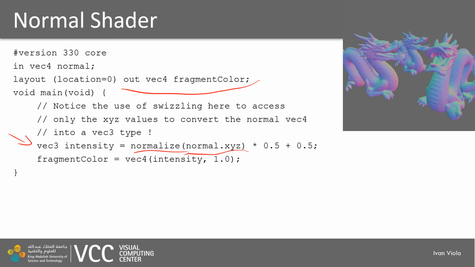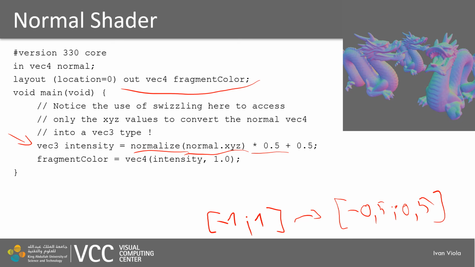So it is a unit vector, and we are multiplying it by 0.5. So our normal can go between -1 and 1 for each component x, y, z. So we are scaling this, for each component, into -0.5 to 0.5.